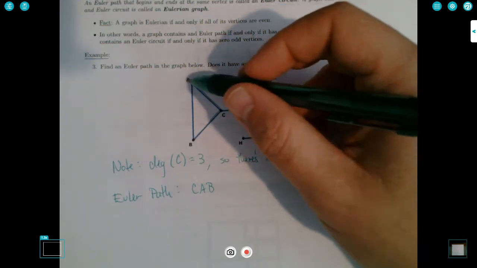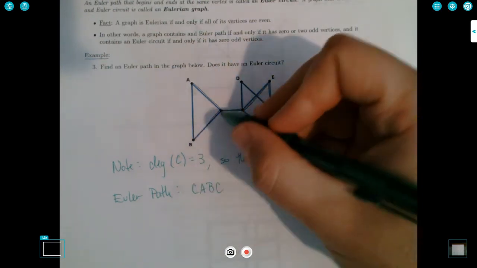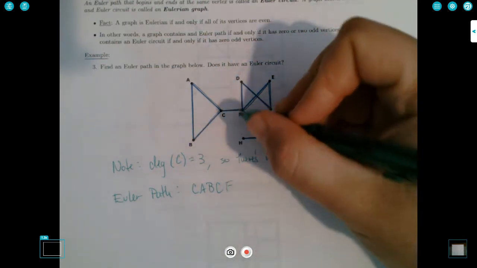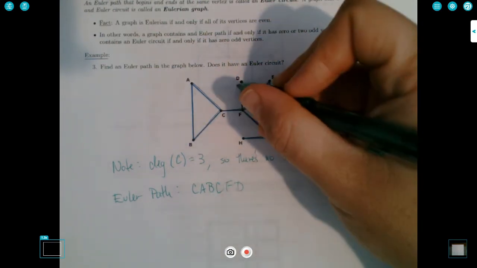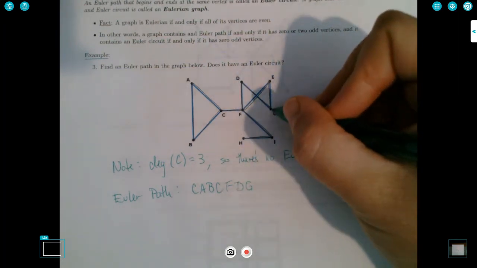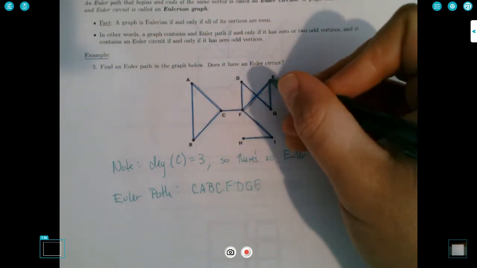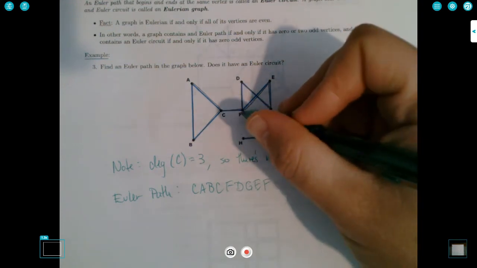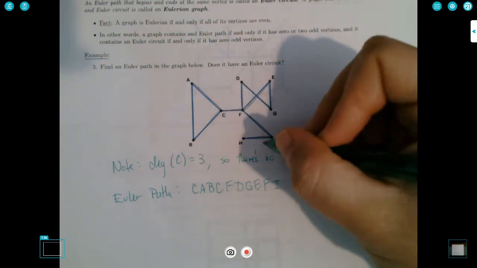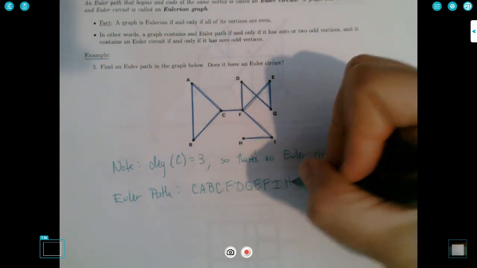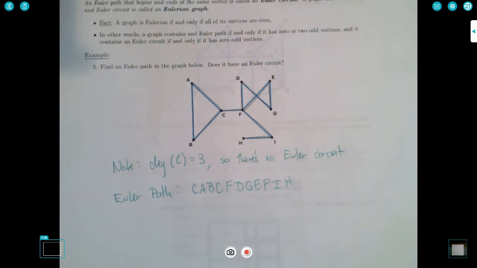So we go C, A, B, then back to C. Then we went to F, then D, then G, then E, then F, then I, and then H. That was our Euler path.